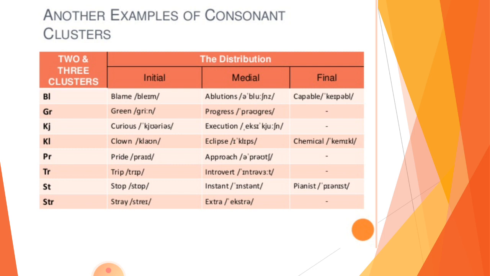These are the examples of medial consonant clusters. Now we will see what a final consonant cluster is. Capable, chemical, pianist. So these are consonant clusters.